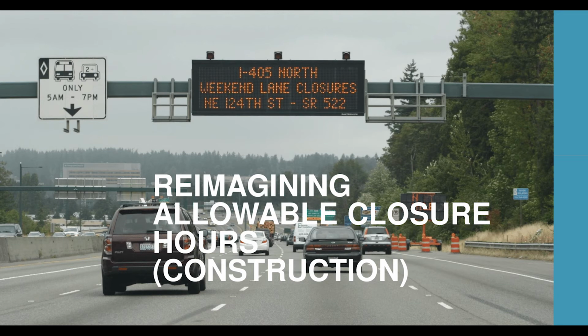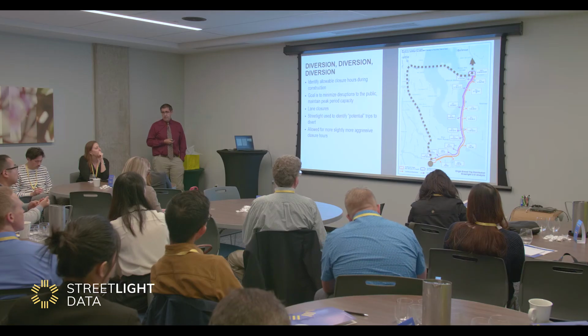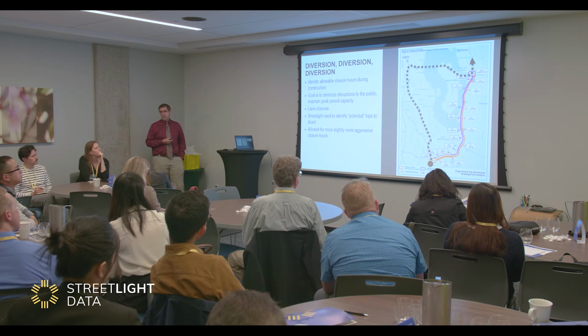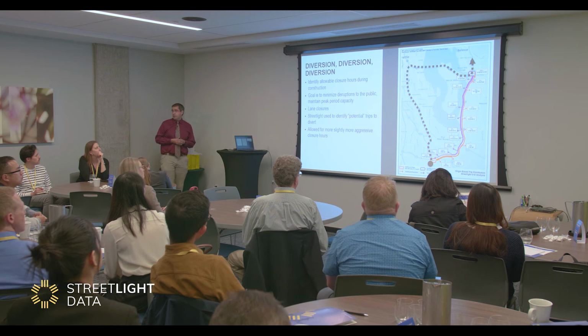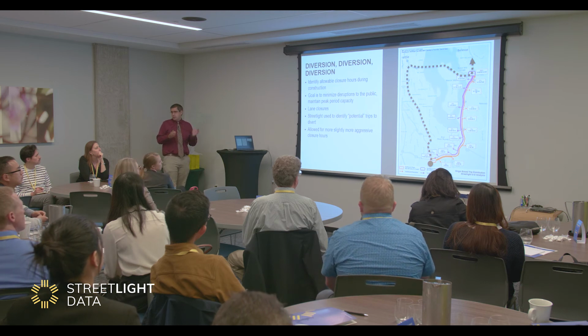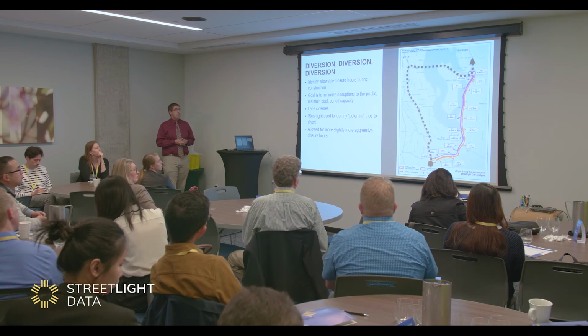And this one deals with allowable closure. As part of a program, anytime we have new projects and other things along those lines, we're responsible for developing closure hours to help guide contractors when they can go and close certain lanes on various freeway facilities.